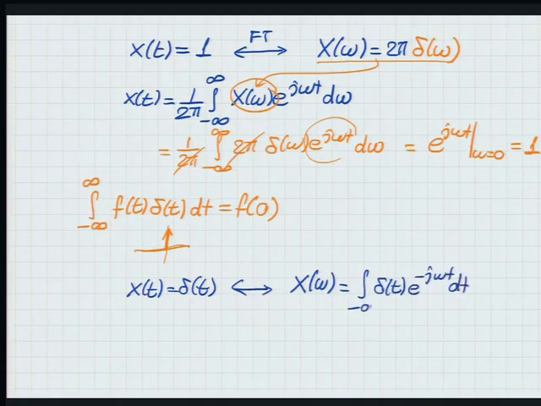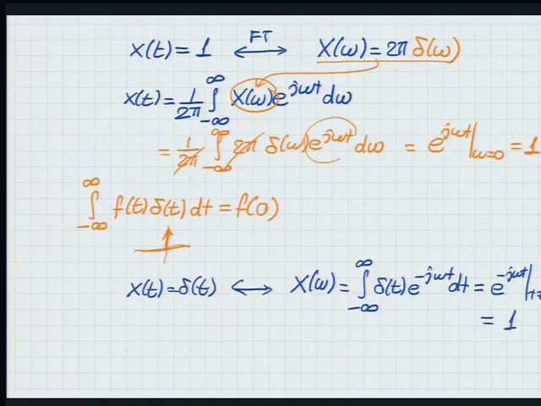From negative infinity to positive infinity. So what does that give me? It gives me e to the negative j omega t when t is 0, right? And that is 1. Okay?